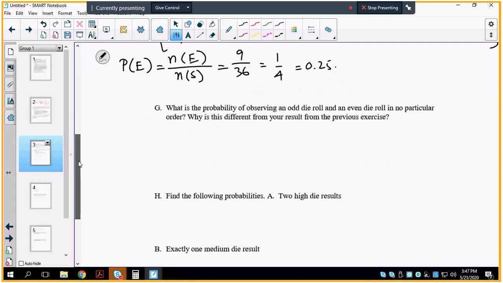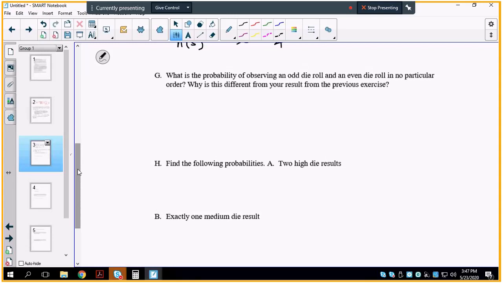Next one. What is the probability of observing an odd die roll and an even die roll in no particular order? So now I do not want the odd to be the first one or the even to be the first one. So in this event space, I can have everything that I have had previously. So I can have 1, 2.